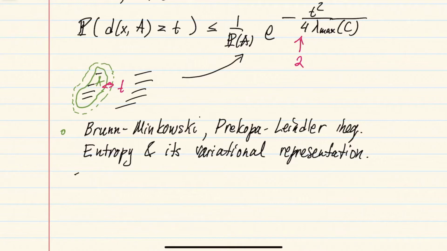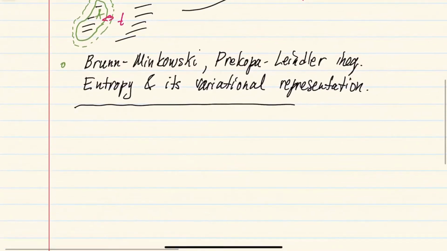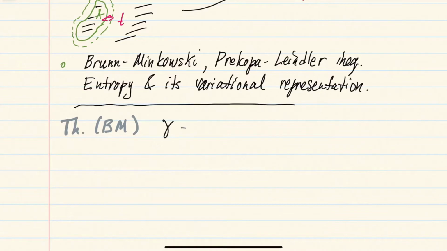Okay, so let's start with the Brunn-Minkowski inequality. And first, let's state this Brunn-Minkowski inequality on the real line. So if you consider the Lebesgue measure, here we will denote the Lebesgue measure by gamma, in this particular case on the real line.